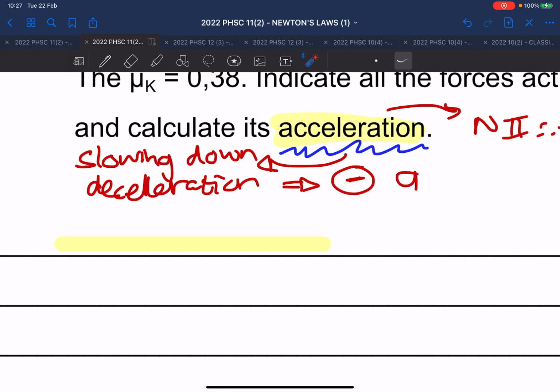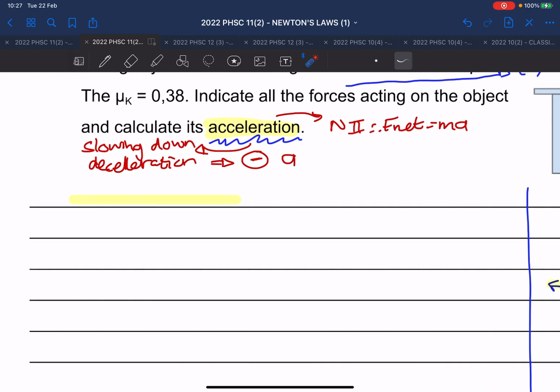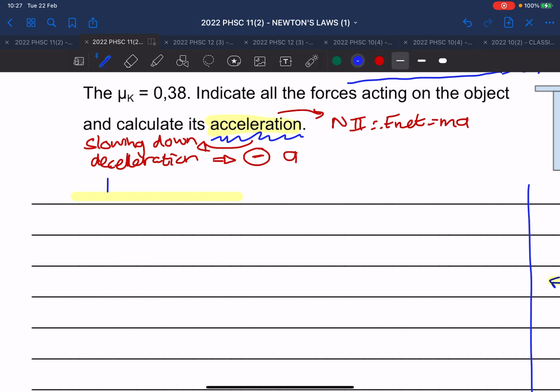Slowing down, deceleration. So in my head, I'm saying, okay, they asked for the acceleration, but I think I want a negative acceleration because it's slowing down. Okay, but they did speak about acceleration, meaning Newton's second law.